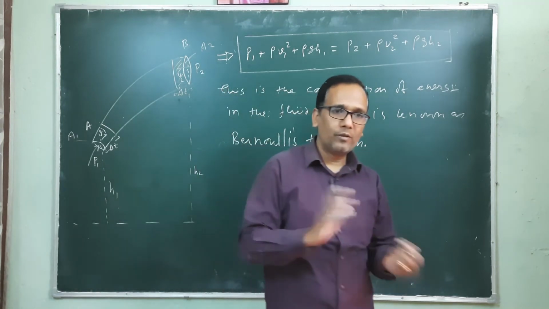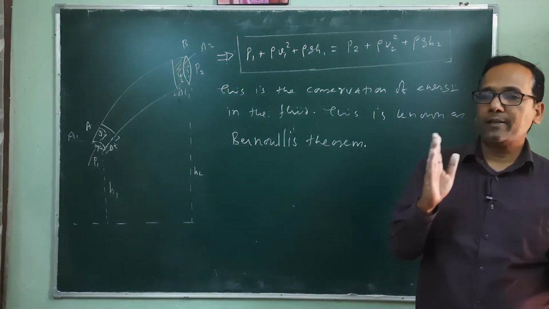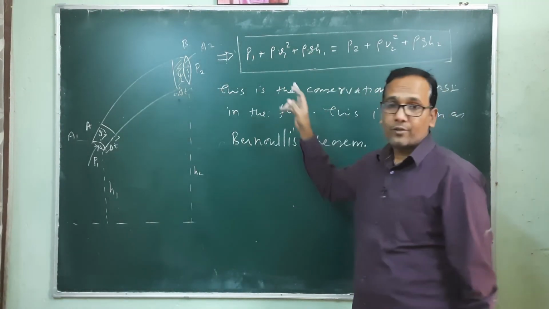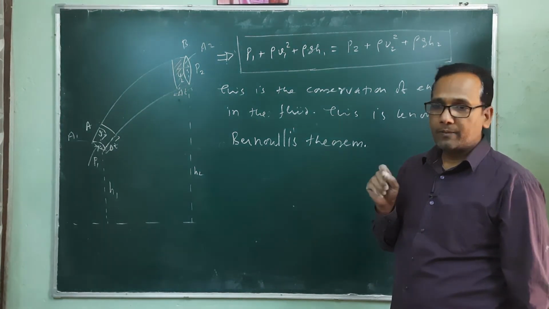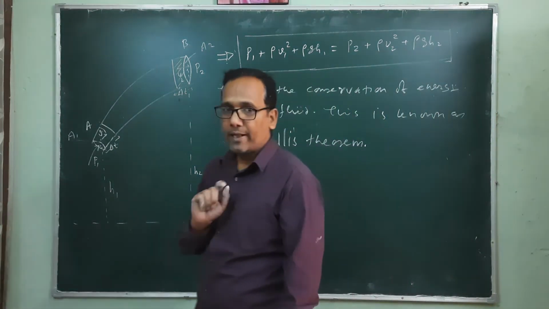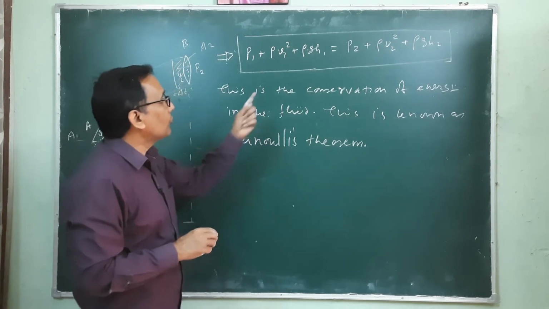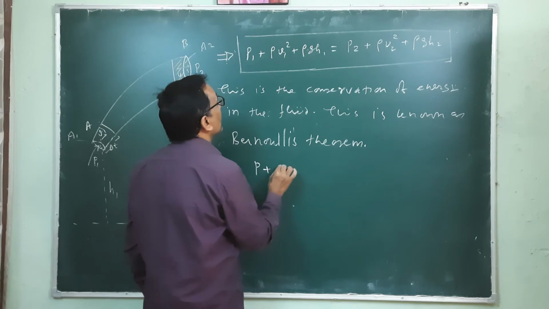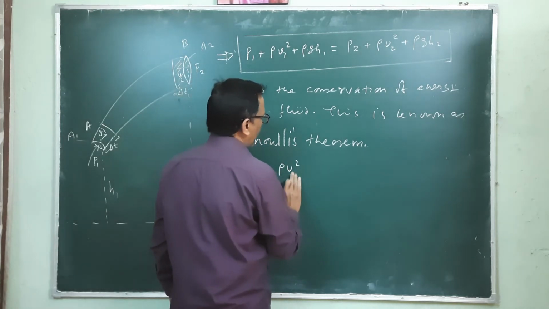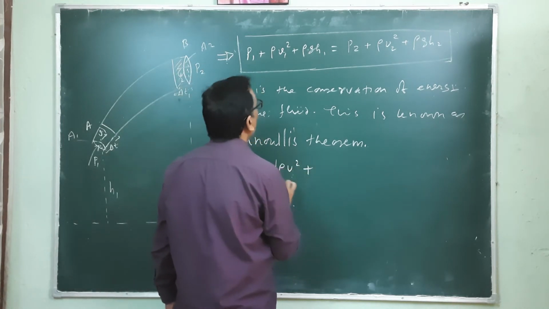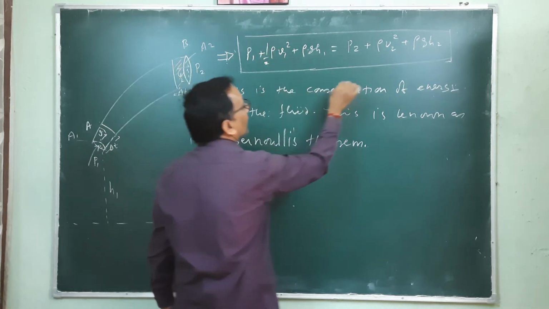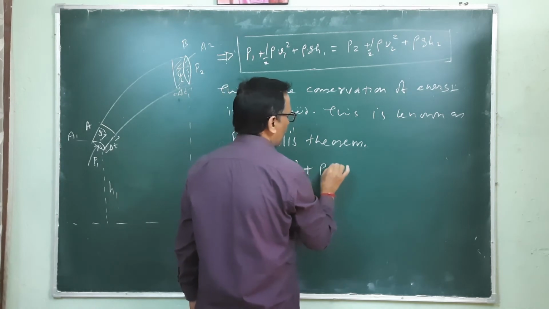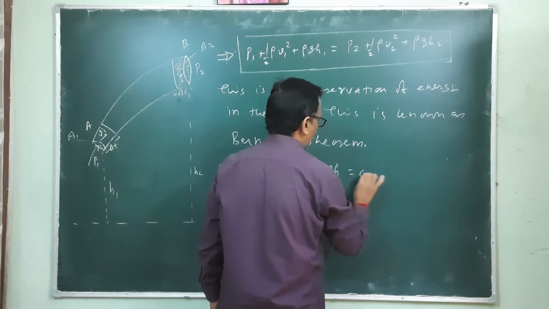Then equate the total using the work energy theorem, and the calculation will be in these terms. In a single statement, one can write P plus half rho v square plus rho g h equals a constant.